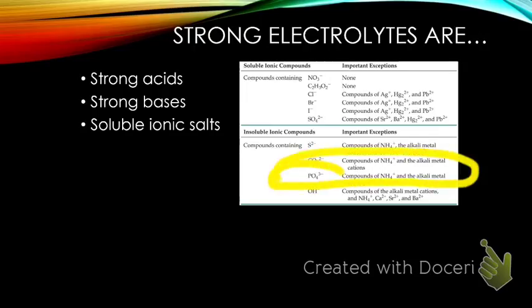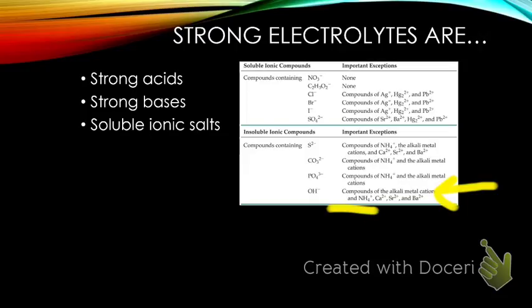Phosphates and carbonates tend to be insoluble in water unless they are paired with ammonium or the alkali metals, the cations from the first column of the periodic table. Finally, the hydroxides are insoluble unless it's from group 1 on the periodic table, ammonium, calcium, strontium, or barium. Then they are soluble in water.